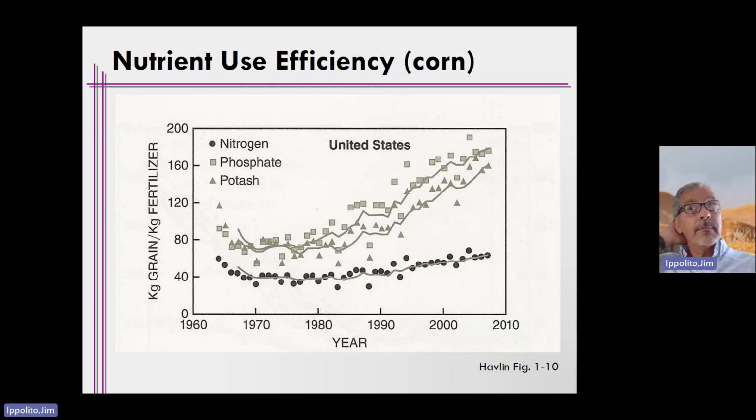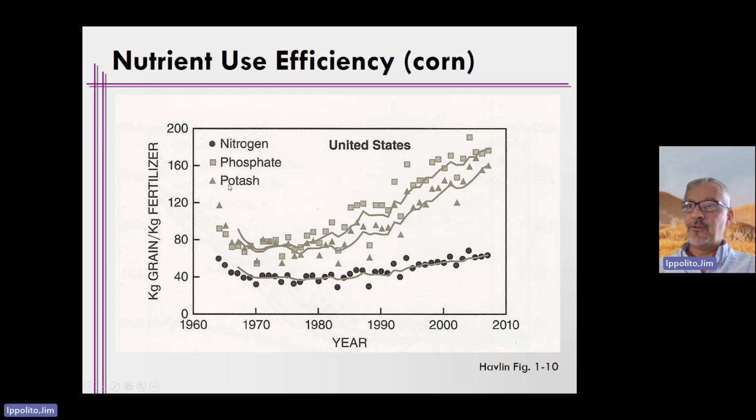So this graph is a graph of nutrient use efficiency. And what you see on the x-axis is years, much like on the previous graph. And on the y-axis is kilograms of grain per kilogram of fertilizer, be it nitrogen, phosphorus, or potassium.